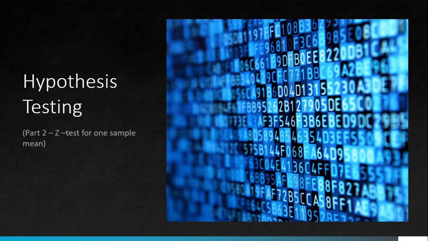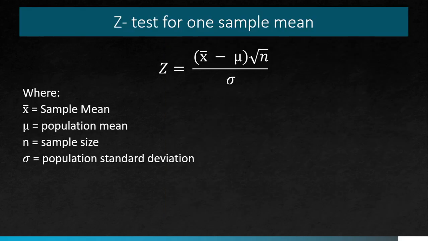For the formula for the z-test for one sample mean, we have z equals your sample mean less your population mean, multiplied by the square root of your sample size, divided by your population standard deviation, indicated by sigma.